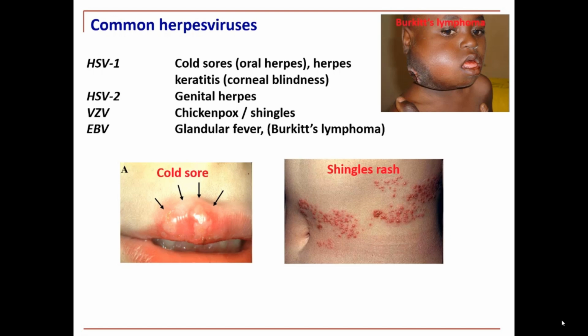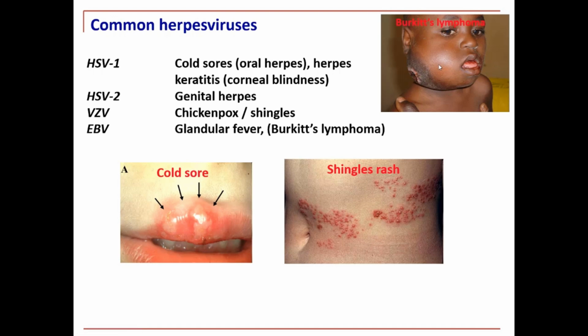And you have Epstein-Barr virus, which can lead to glandular fever. It's also known as the kissing disease, where people get fever, sore throat, and fatigue, for example, and also to Burkitt's lymphoma, which is a solid B-cell tumor in immunocompromised individuals. And that's shown in the top right-hand side there as an image of it.